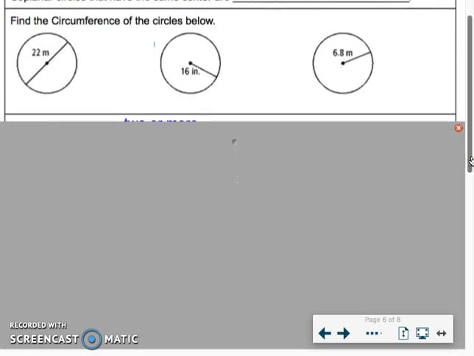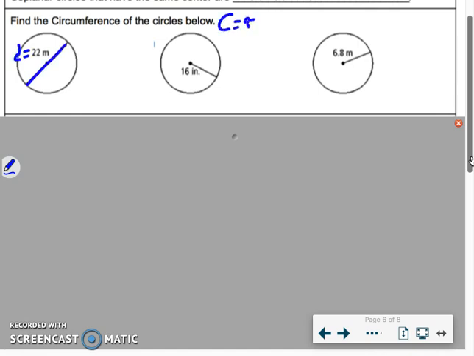Well, let's just look at the circumference of these. 22 is your diameter this time, since it goes all the way across. Remember that our formulas are either pi times diameter or 2 pi times the radius. Depending on what they give you, you can choose a formula that works. Since they gave us a diameter for the first one, I'm going to use pi times diameter, or pi times 22.